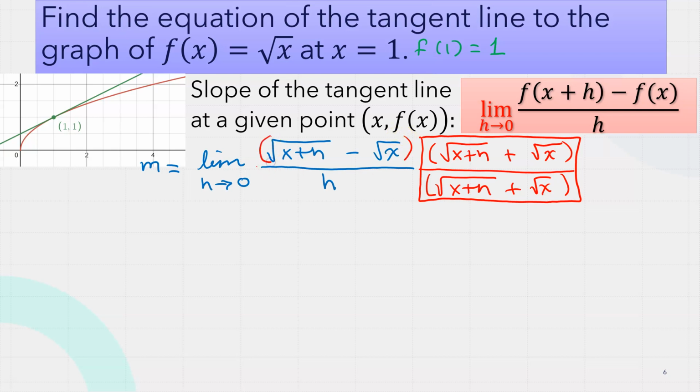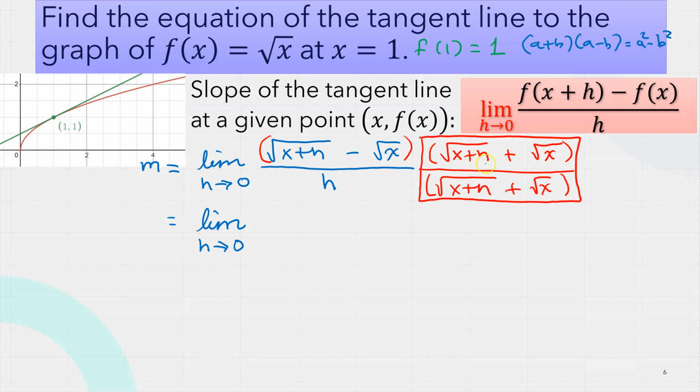And this right here on the top is the difference of 2 squares. So that would be the limit as h goes to 0. And the difference of 2 squares says a plus b times a minus b is a squared minus b squared.